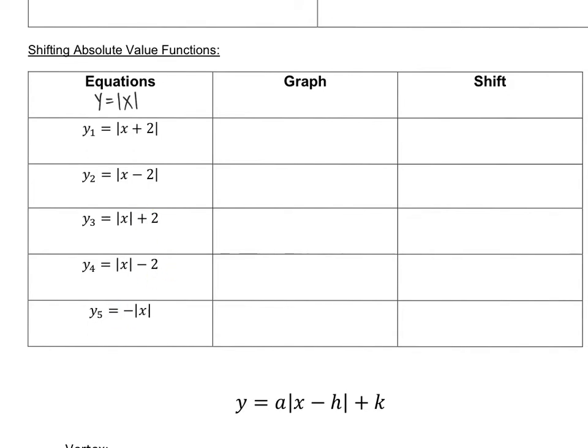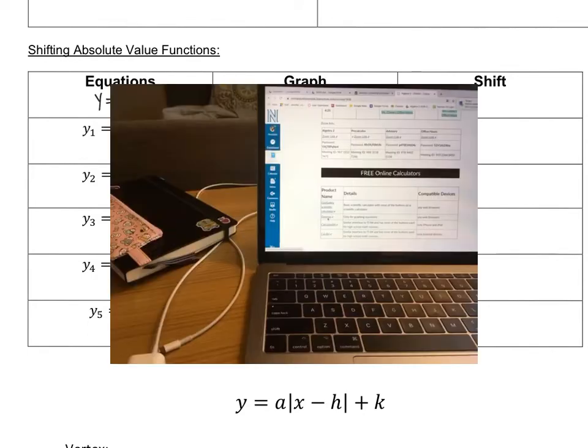And to see what it does to the graph when you are adding things to the equation, we're going to take a look at what this one would do if I were to put a +2 inside of the absolute value. So I'm going to draw a quick sketch here for us. And we're going to take a look at Desmos. So I'm going to switch my screen here. Give me one sec. There we go.